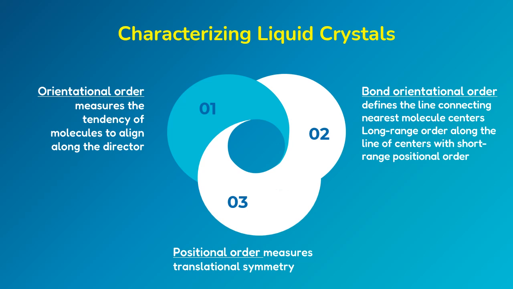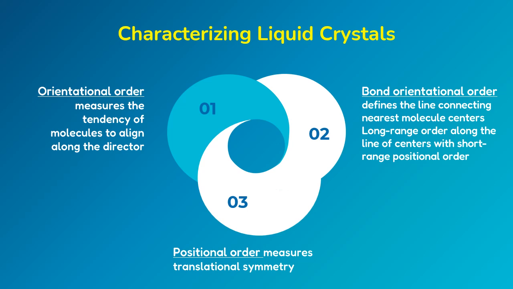Here we will characterize some factors in relation to liquid crystals. These are orientational order, bond orientational order, and positional order. Orientational order measures the tendency of the molecules to align along the director.